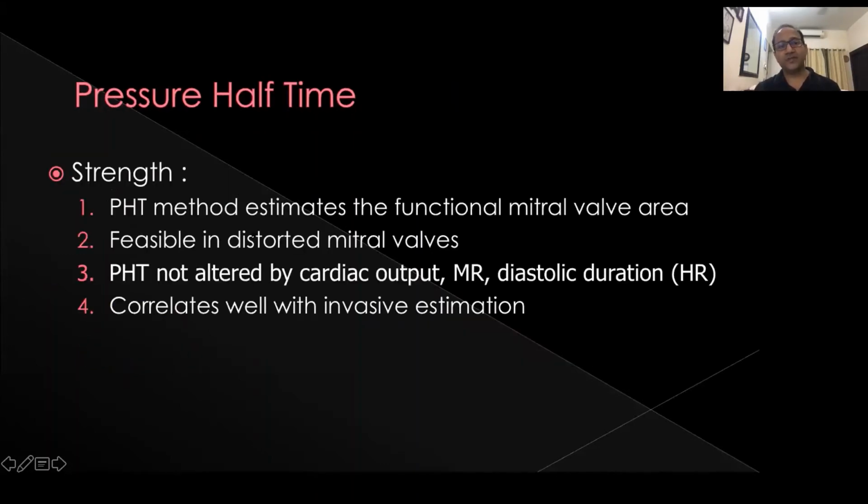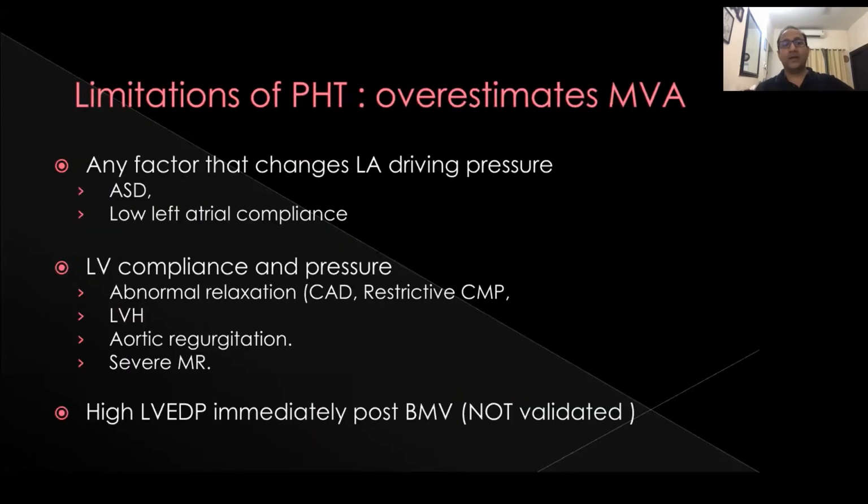So the strength of pressure half time is that it estimates the functional mitral valve area. It is still feasible in distorted mitral valves where planimetry may be difficult. The pressure half time is not altered per se by the cardiac output, MR or the diastolic duration and correlates well with invasive estimation.